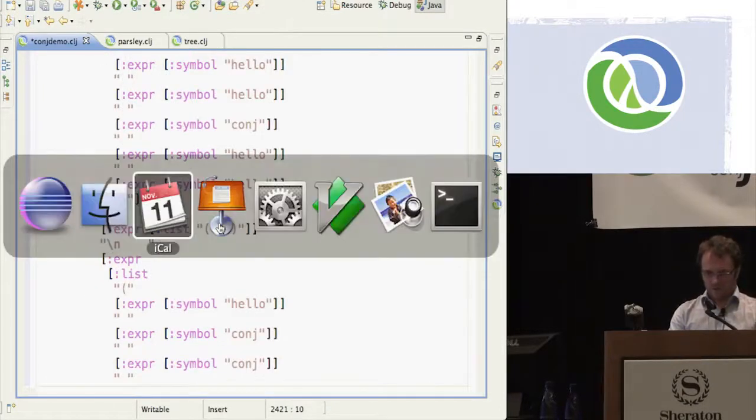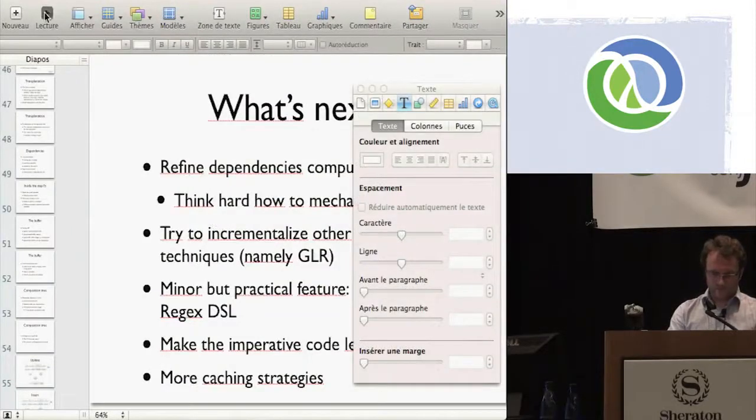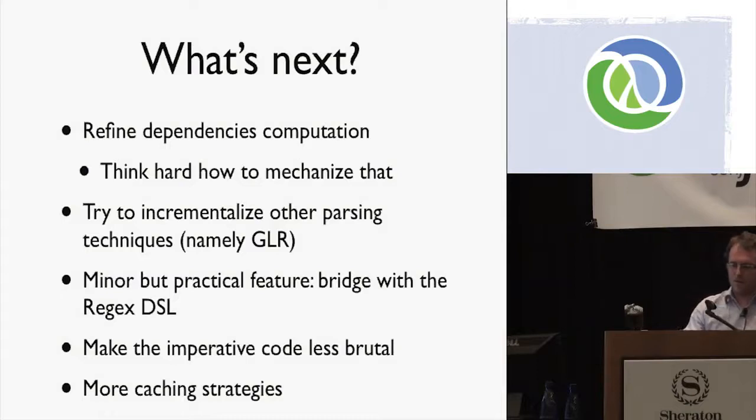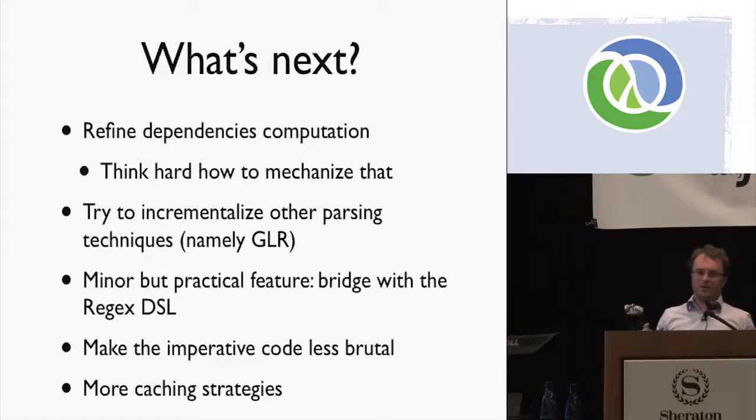Okay. That's all for the demo. And so what's next? I'd like to refine the way I compute dependencies, because the more fine-grained you are in computing dependencies between your input and your output, the more effective you are at reusing previous computations.